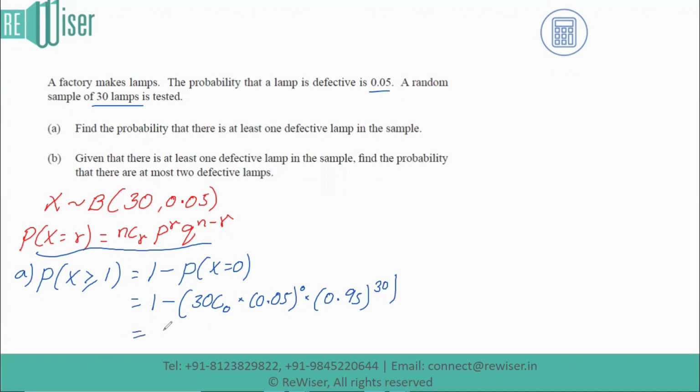When you simplify this, we get the final answer, something like 0.785. So this is the right answer for part A.